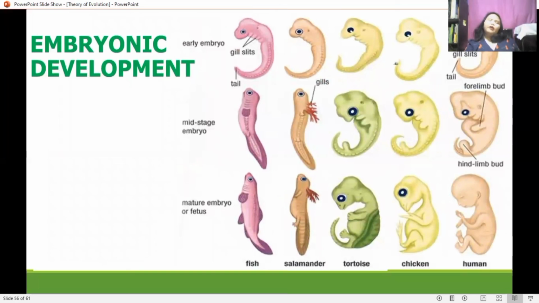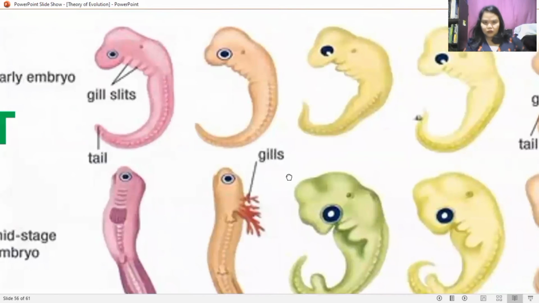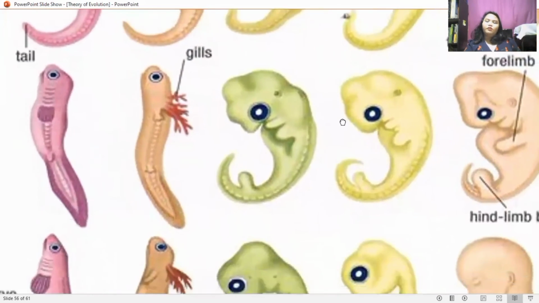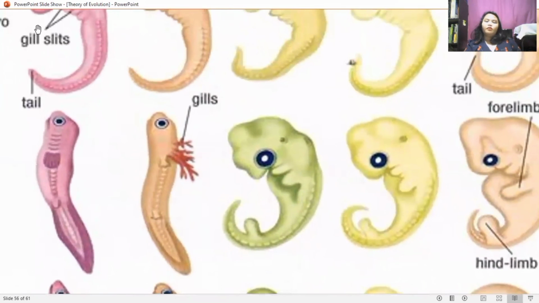Then we have here another evidence, which is embryonic development. I have here the early embryo, mid-stage embryo, and mature embryo or fetus of fish, salamander, tortoise, chicken, and human. As you can see in the early embryo, they all have gill slits, even the human. But so on, it evolves into another type. All of them have tails.